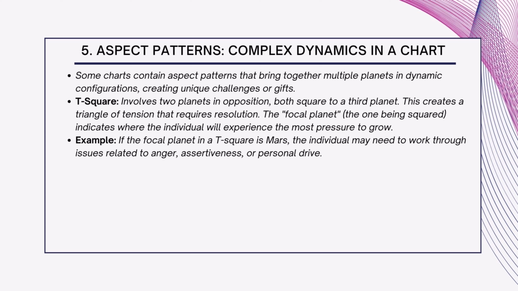This creates a triangle of tension that requires resolution. The focal planet, the one being squared, indicates where the individual will experience the most pressure to grow. Example, if the focal planet in a T-square is Mars, the individual may need to work through issues related to anger, assertiveness, or personal drive.